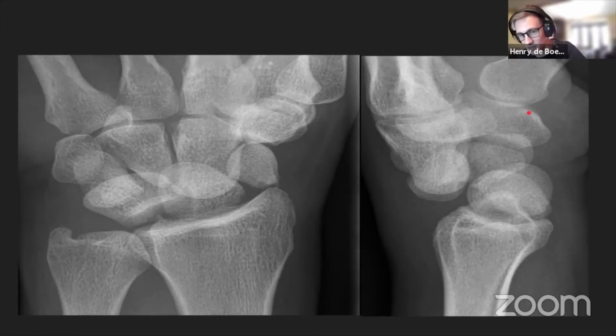There's lots of complicated terminology we can use, but probably the most important thing to learn is whether it's a perilunate or a lunate dislocation. The way I think about this is a lunate dislocation is when the lunate is in the wrong place. But the lunate here is normally sited on the distal radius. It's the capitate and the distal carpal row that's dislocated. So this is a perilunate dislocation.